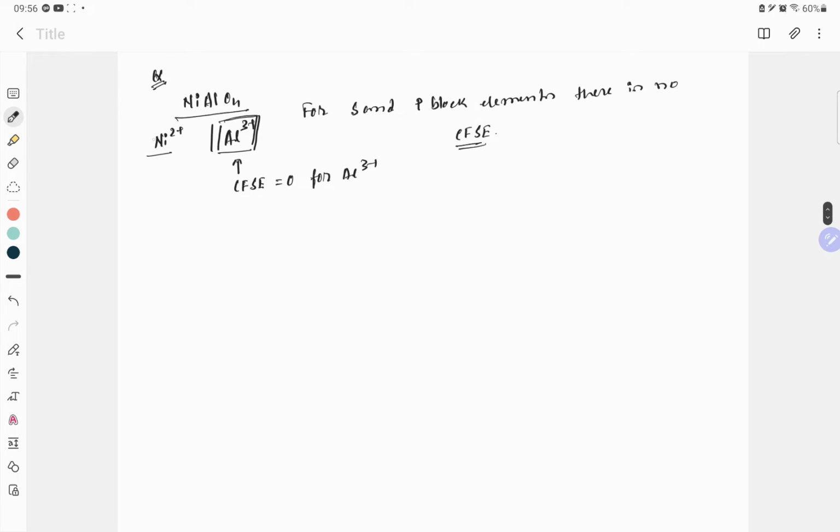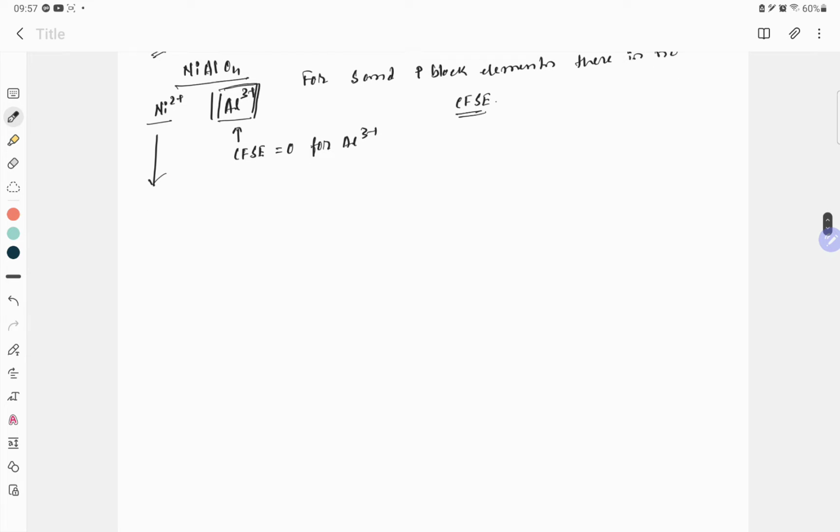Okay, then I have to calculate for Ni2+. Ni has 28 electrons in total, so Ni2+ has 26, that is a d8 system.